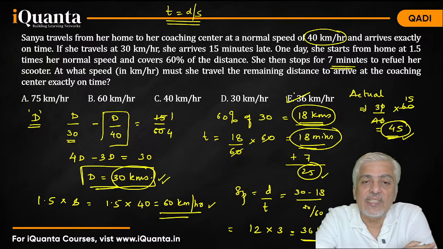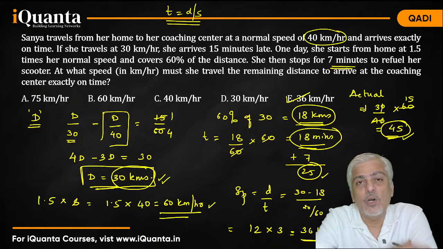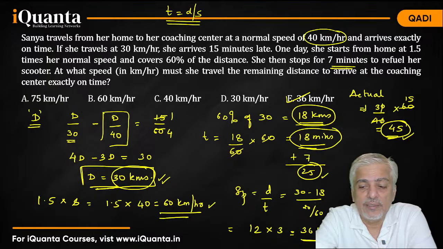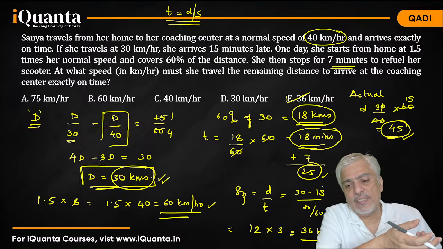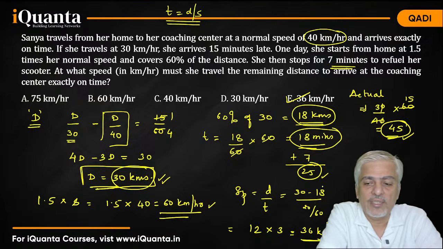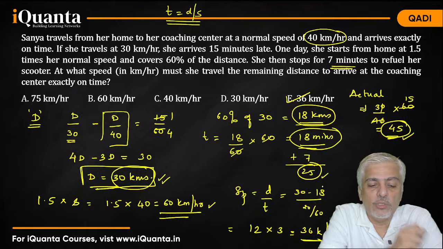Even though it's a standard question, you have to do it very carefully, very smartly in an exam situation that you don't miss out such questions. Always remember, ye sab questions pe. But if you don't calculate the distance from home, how will you then calculate the remaining distance? Or you can say 40% karke bhi kar sakte ho, maybe you can try that way also, because you need an exact answer, right Shresham?